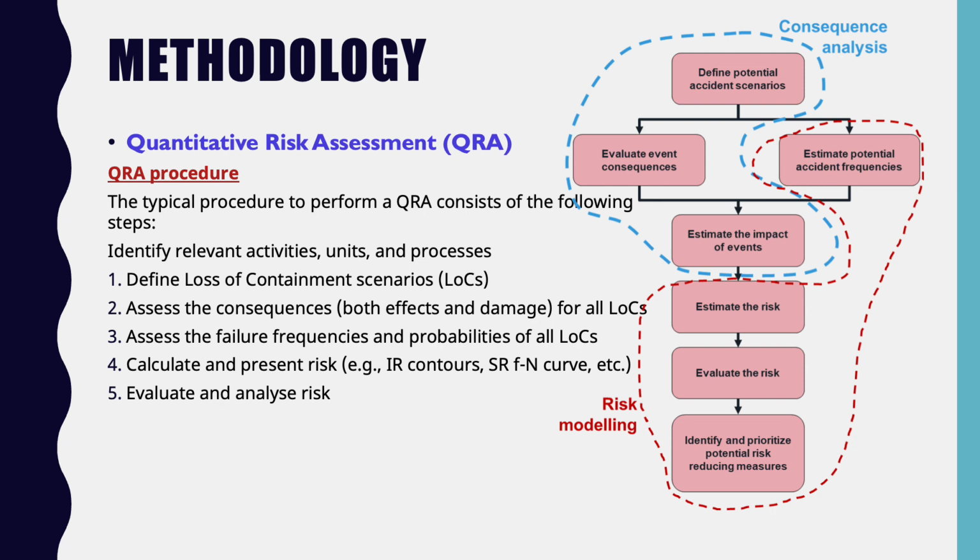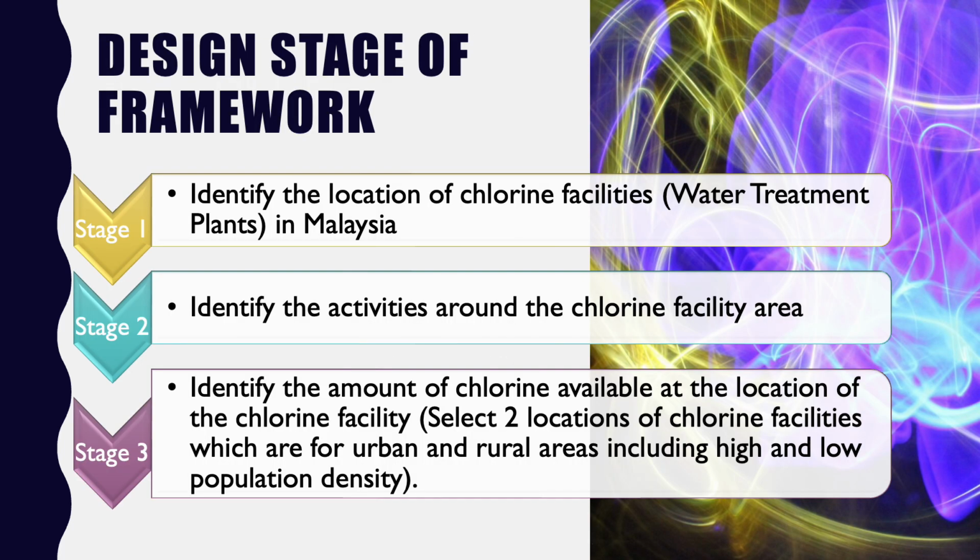This is a model for the research proposal. Okay, for the design stage of the framework, stage 1 is identify the location of chlorine facilities, water treatment plants in Malaysia. Second stage is to identify activities around the chlorine facility area.